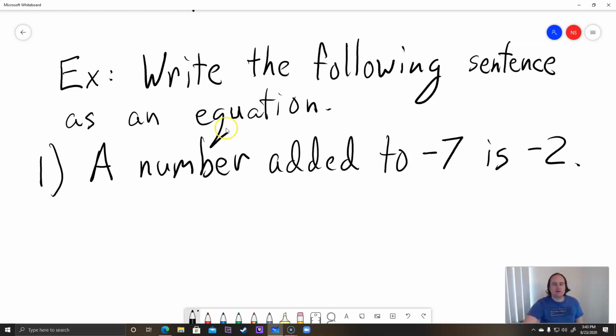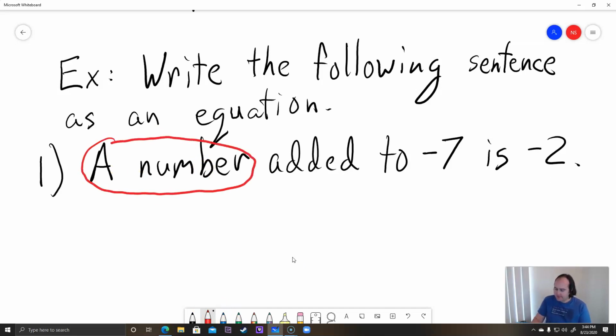Alright, so what you want to do here is take what they gave you and actually translate it. So let's start with a number. What does a number mean? Well, we just said a number is the same as the variable x. So that's going to be x. And then added to. What does added to sound like? Well, I think most people know when you say added, that means plus.